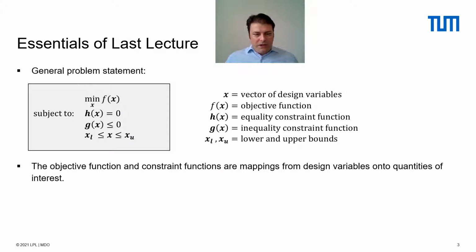We also talked about the general problem statement of design optimization, and let's briefly go through this. So we typically want to be very clear about what we actually want to accomplish in a design process, and to be as clear as possible, we use a particular formalism.